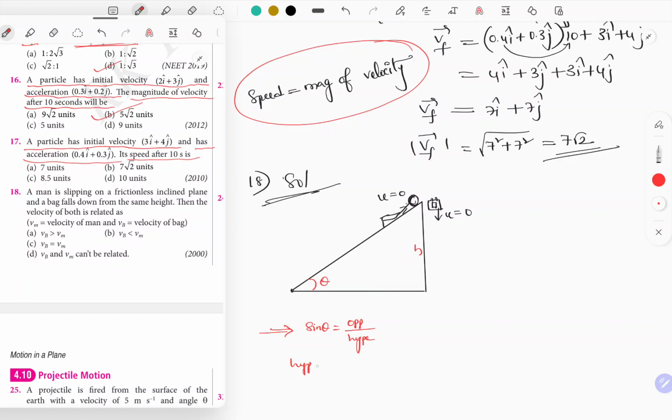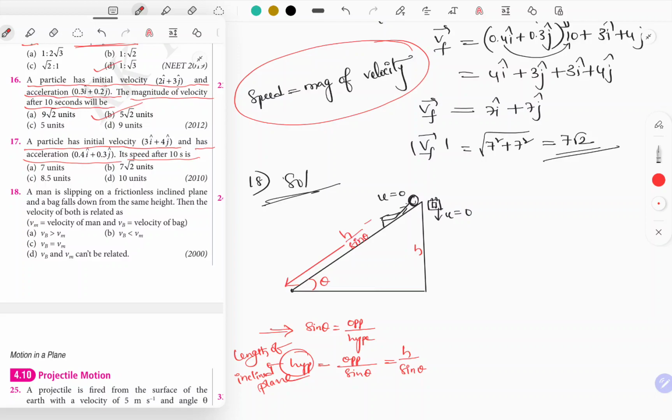Then hypotenuse is equal to opposite by sine theta. The opposite side is h, so the length of the plane is h by sine theta. So this complete length I got as h by sine theta.